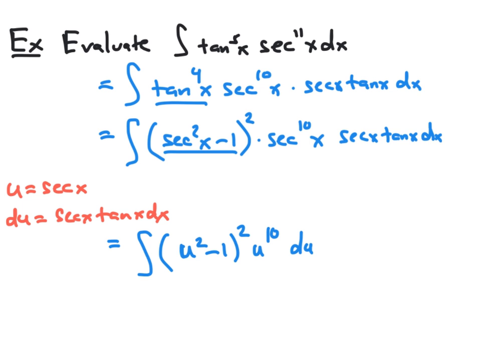So as in the previous example, once we made this substitution, this became a relatively straightforward integral to compute. We just need to clean up our integrand algebraically, use the power rule to find an antiderivative, and then replace u with secant x to find our value for our original integral.